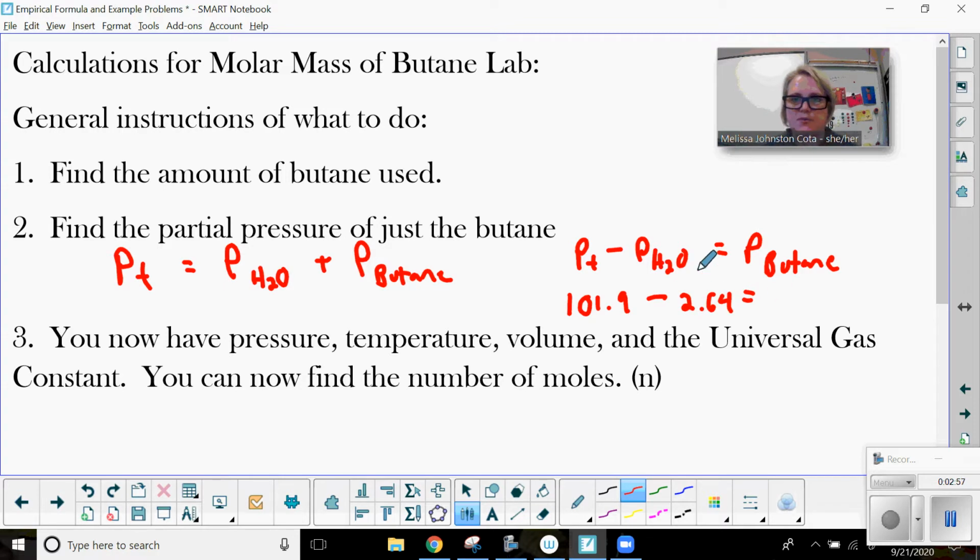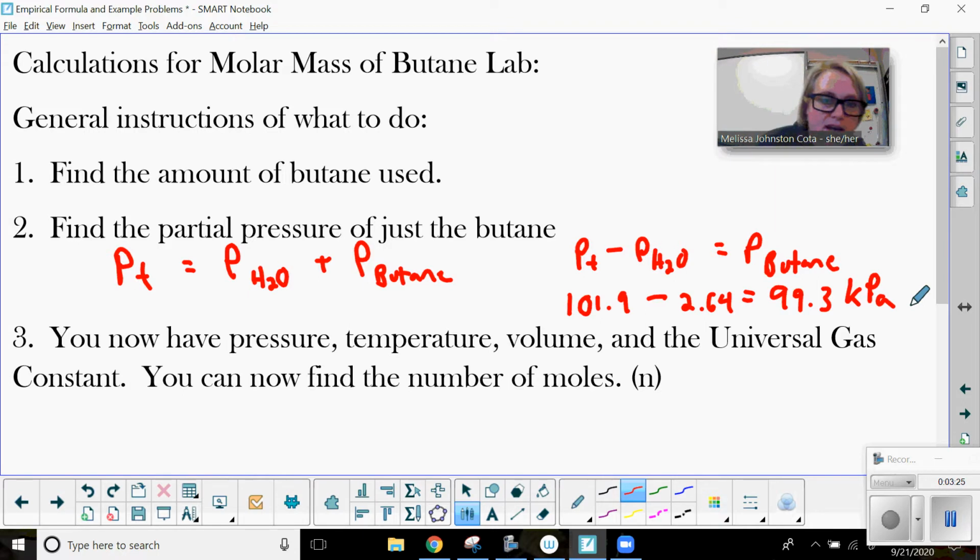So I'm going to subtract that 2.64 kPa, and that's going to give me the pressure of just the butane. So 101.9 minus 2.64. So the pressure of just the butane with 1 decimal place is going to be 99.3 kPa. That's the pressure I want to use in my calculations.